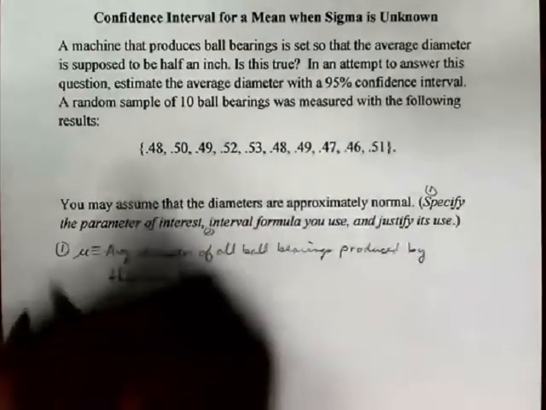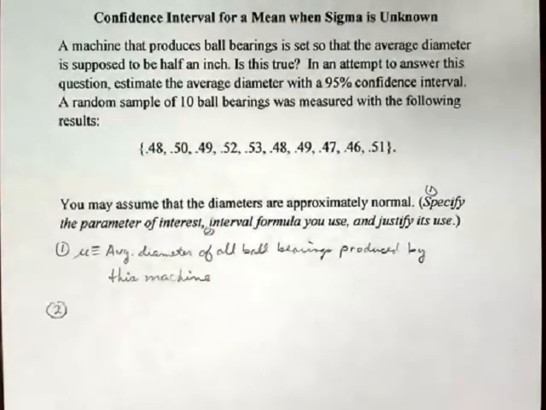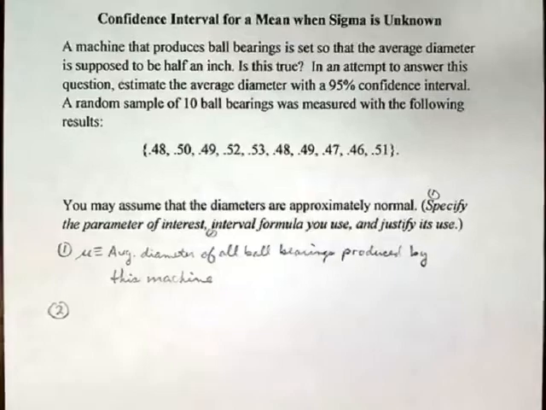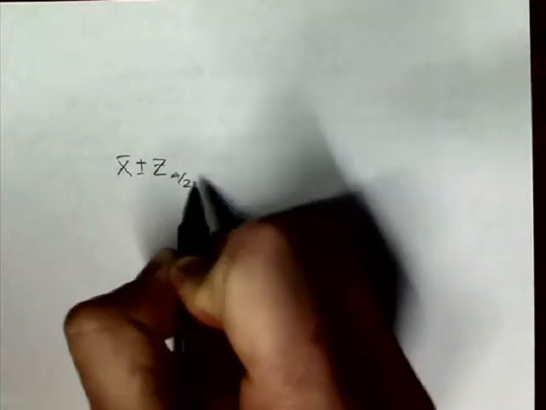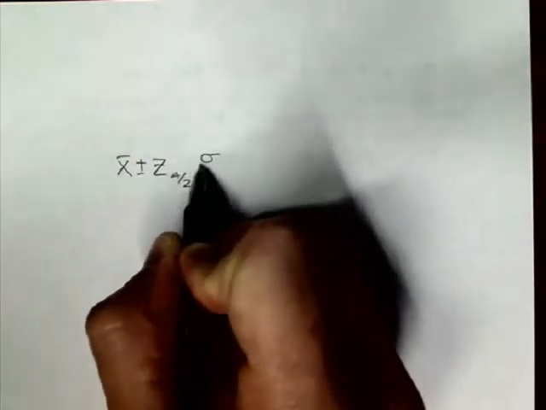Secondly, we need to justify the interval formula that we use. All right, now I'm going to turn over on the back of this page here and just write out the 3 interval formulas that we have for estimating a population mean. We have this one, x bar plus or minus z sub alpha over 2 times sigma over the square root of n.